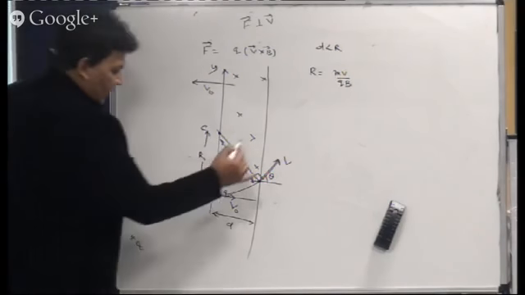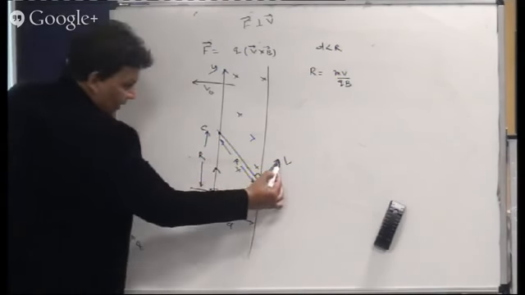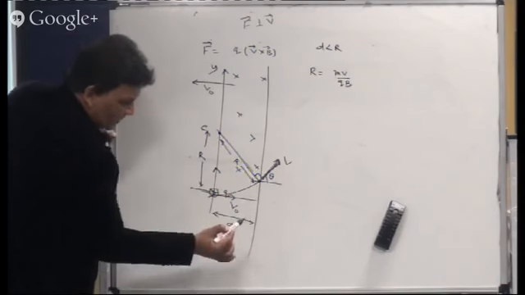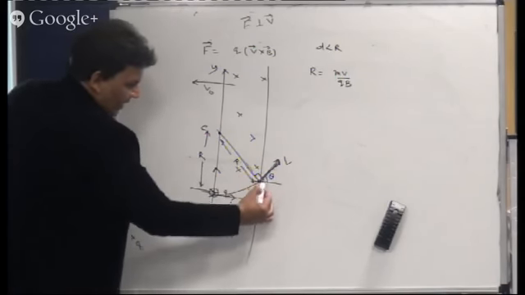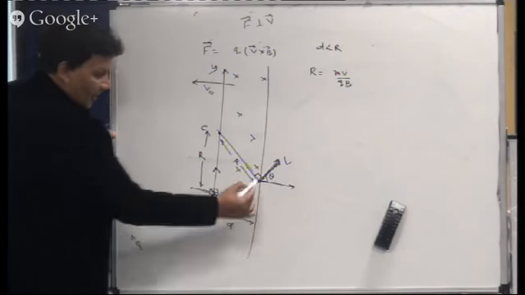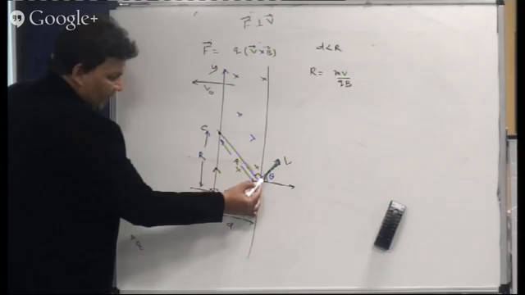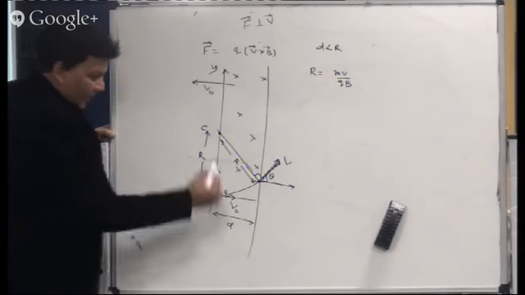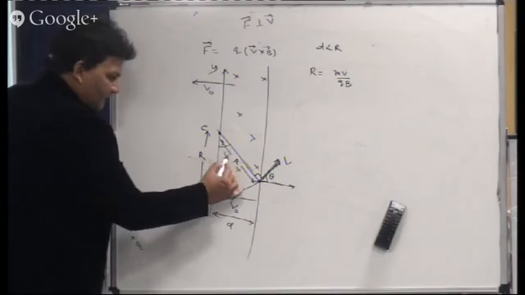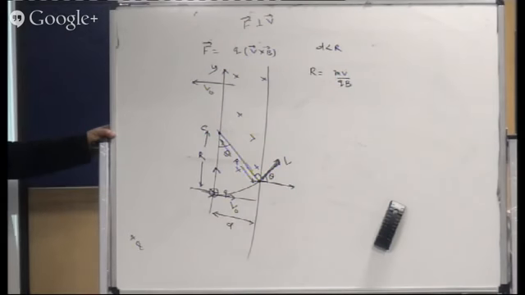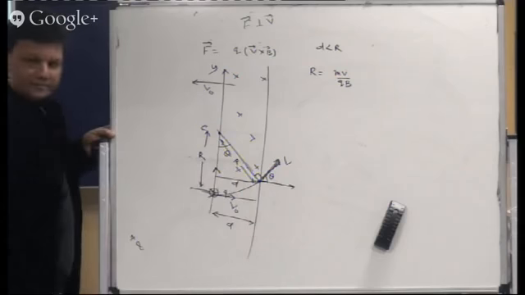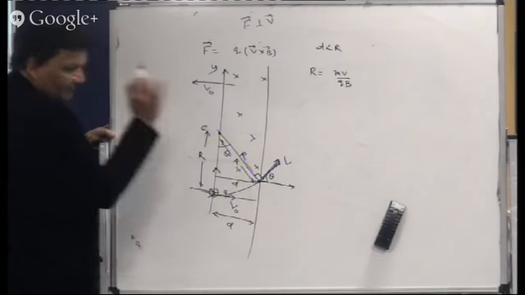Okay. Number 1, done. Now, this is velocity. This is force. Agreed? The angle between the x-axis and the velocity is theta. Now, this line is perpendicular to this. This line is perpendicular to this. So this angle will also be theta. What is this distance? And what is this distance?